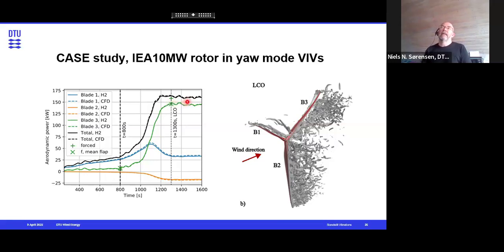So here we see a situation where we go from one blade inputting power to another blade inputting power, and we would never be able to see that just looking at a single blade. So it is quite essential that we can analyze the full rotor and the full scenario.